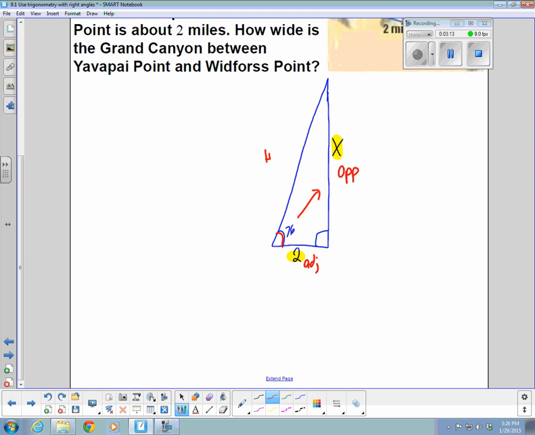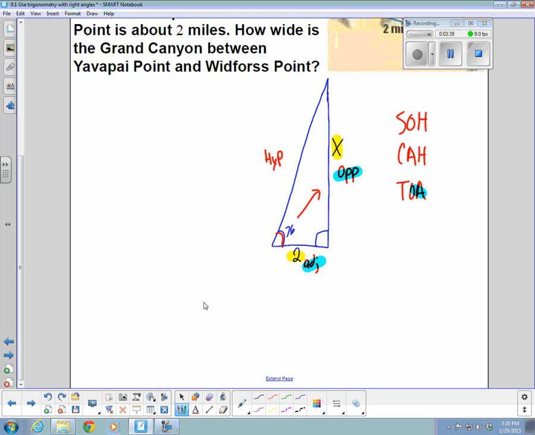And this is my hypotenuse. Which one is going to use opposite and adjacent? Is it the SOH, the CAH, or the TOA? Hopefully you saw right away that the TOA is what we need, because we got adjacent, we got opposite. It's the only one with the O and the A.